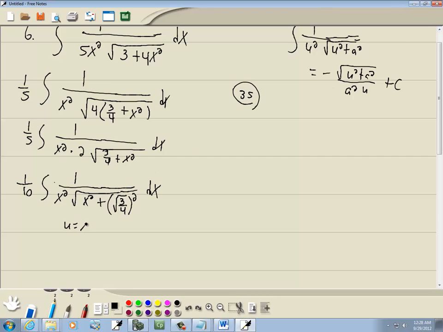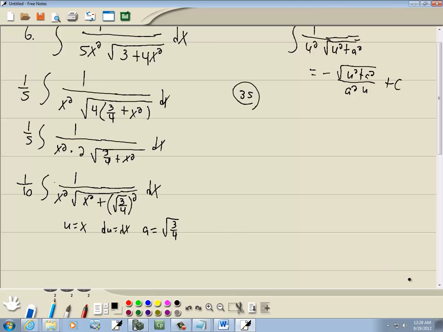Well, if we let u equal x, then I could replace this x with u, replace that with u. That'd match our formula. Du would equal dx. I don't need anything special. It just replaces that dx there. And a is equal to square root of 3/4. I'm not going to worry too much about simplifying that yet. I'll come back to that.